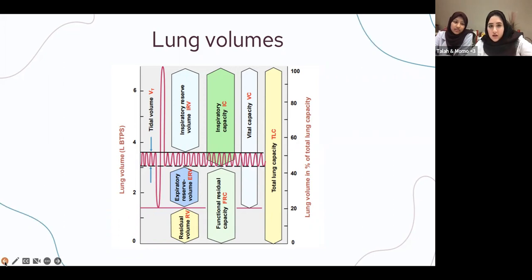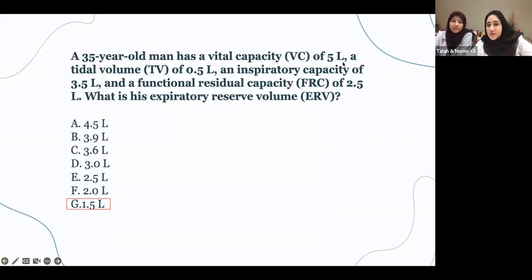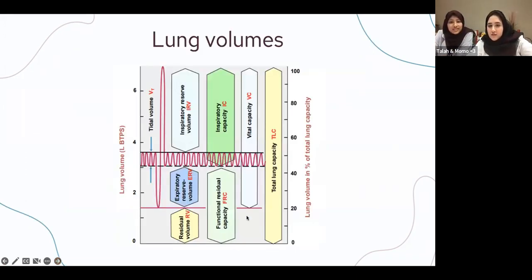They gave us the vital capacity, which is 5, and the inspiratory capacity, which is 3.5. So we can do 5, the vital capacity, minus 3.5, the inspiratory capacity, and we get 1.5, which equals the expiratory reserve volume. Is it clear?